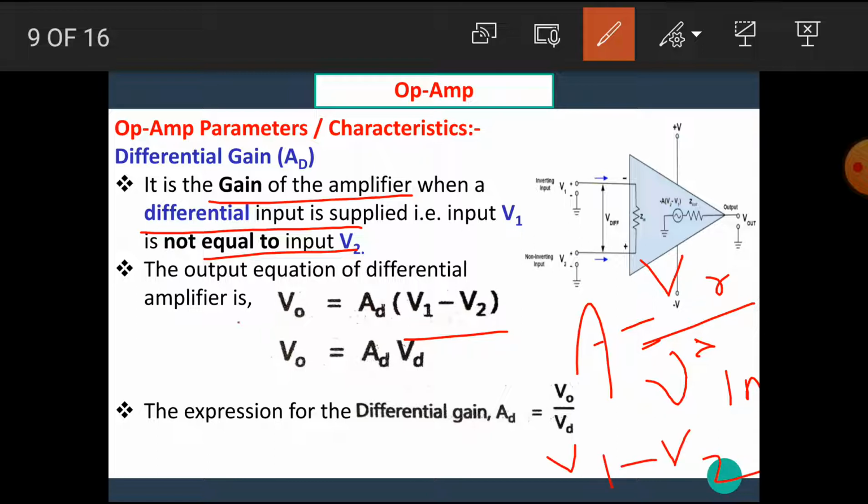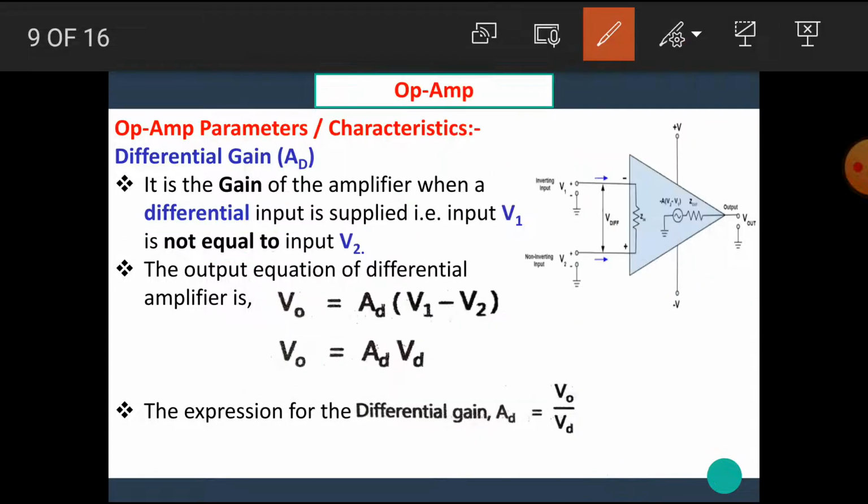Hence we get the equation V0 is equal to AD into (V1 minus V2). But V1 minus V2 is equal to VD. Hence we get V0 is equal to AD into VD, where V0 is output voltage, AD is the differential gain, and VD is the differential input.